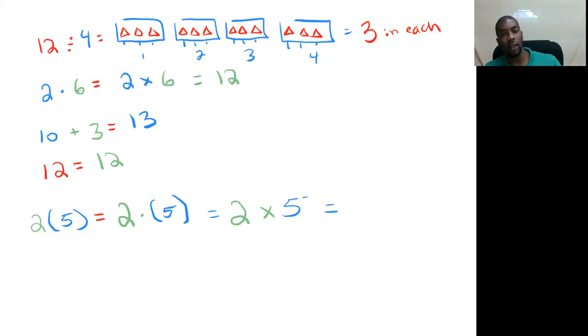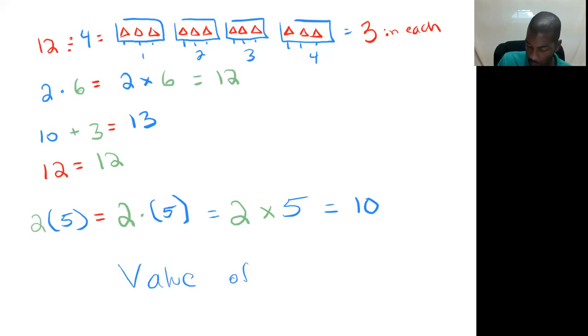And what is 2 times 5, or 5 twice? Everyone should know by now, it is 10. So, ladies and gentlemen, that is what we are doing today. We are figuring out the value of number expressions.